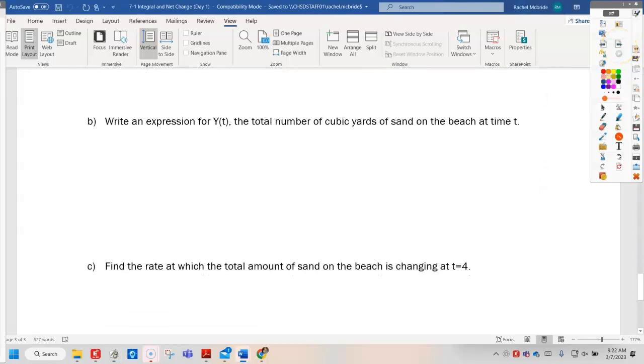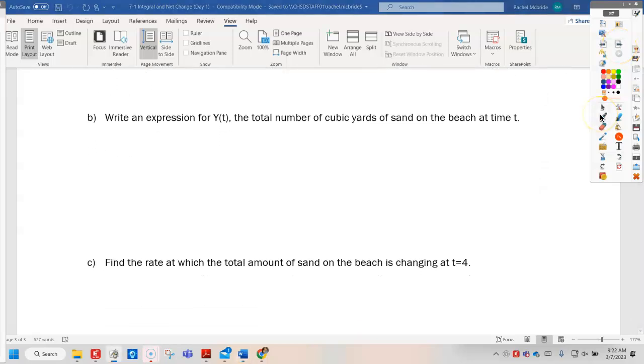Write an expression y of t that would represent the total number of cubic yards of sand at time t. So y of t is kind of like my displacement formula. It represents the number of cubic yards of sand at any given time. At t equals 0, I need it to be 2,500 because that was the initial amount.